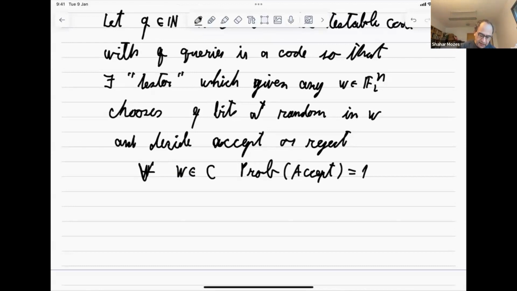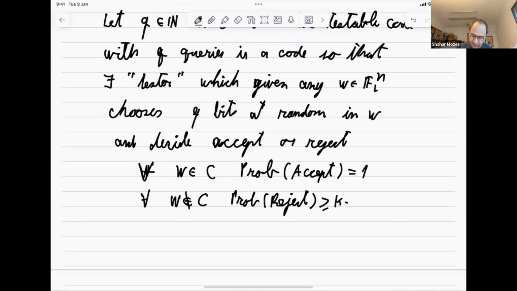On the other hand, if W does not belong to C, then the probability of rejection is at least kappa times the distance between W and C. So suppose I give you a code and you're allowed to look only at 7 bits out of the code. You can choose whichever 7 bits you want. Then if the word is legal, with no mistakes, you say yes, it belongs to the code. But if it does not, then you'll detect it.